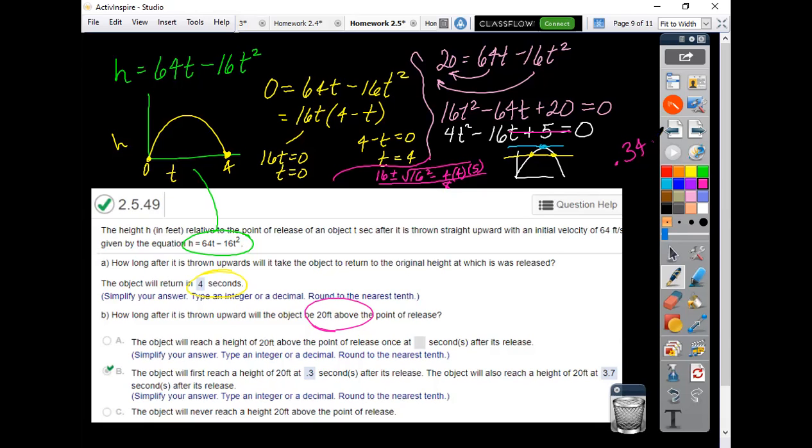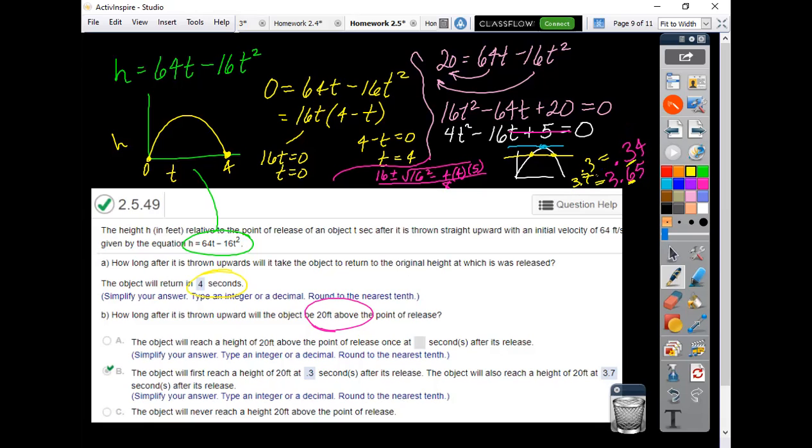And since it said round to the nearest tenth, you look at the number after the tenth spot. First one would be 0.3. Second one would be 3.7. And put those in, and I think we're good to go.